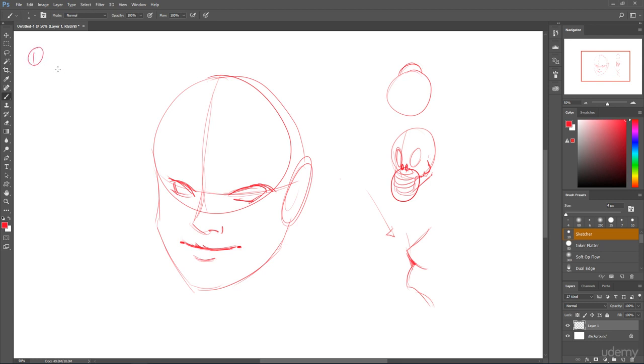Let's get some notes going here. First note, we want the upper lip's lower line to be nice and dark, right? Because this is what's going to help us read the expression very clearly. The second thing is the corners of the mouth imply expression, right?